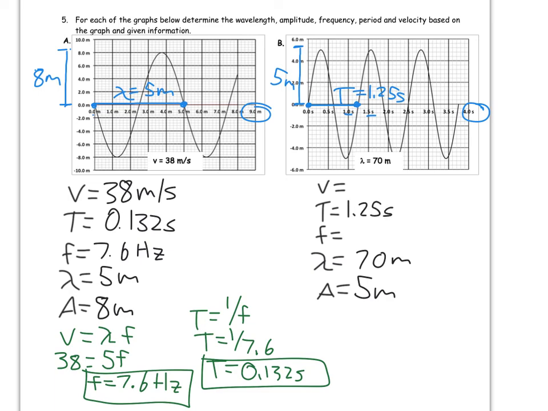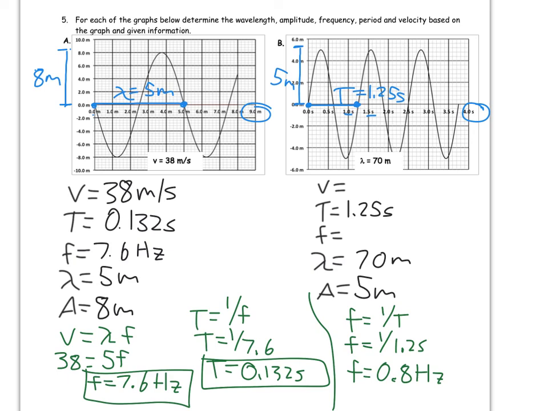And then from there, I can go ahead and calculate my frequency and ultimately my velocity. So to get that frequency here, I can say frequency is 1 over the period. So it's going to be 1 over that 1.25. So my frequency is 0.8 hertz.